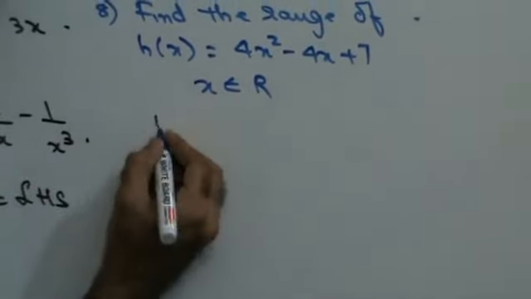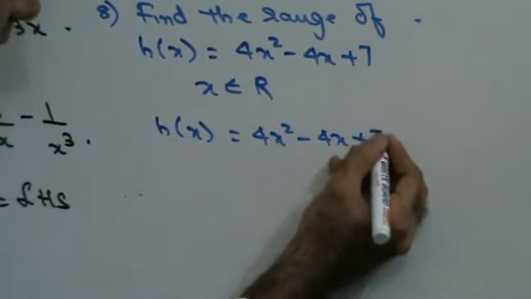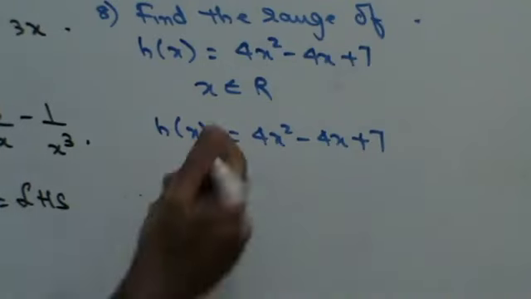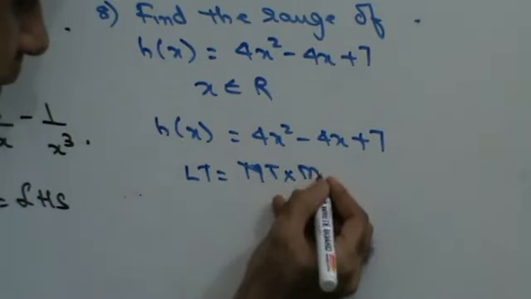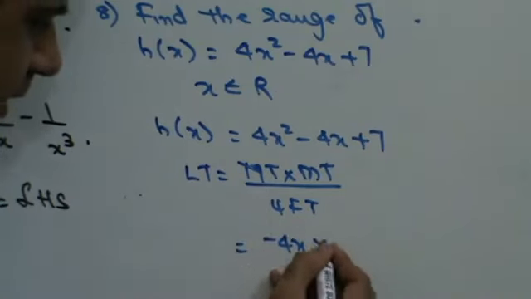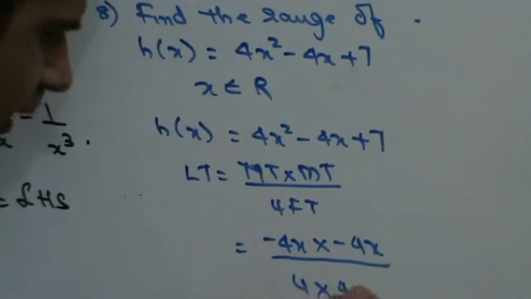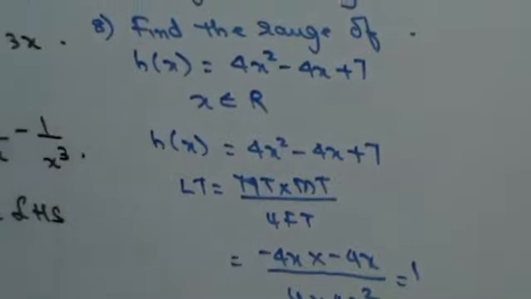So I'll say h of x is 4x square minus 4x plus 7. When upper and lower limit of x is not given to you, first thing, you have to convert the function into a perfect square. To do that, you have to find out the last term. Last term is middle term into middle term upon 4 times first term. That's minus 4x into minus 4x upon 4 times 4x square. That will be 1.